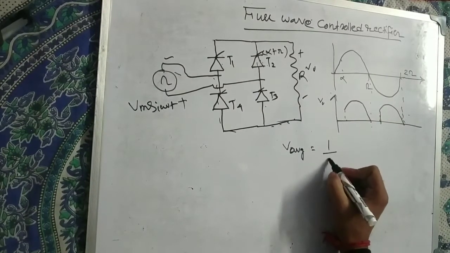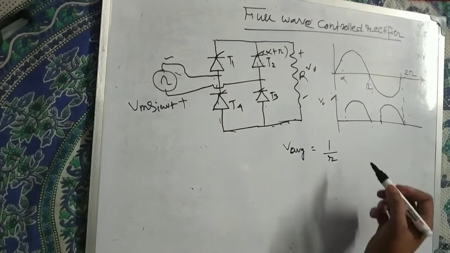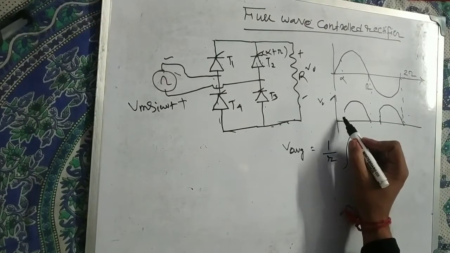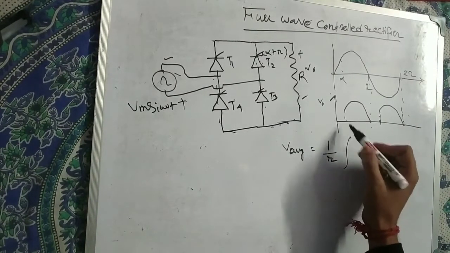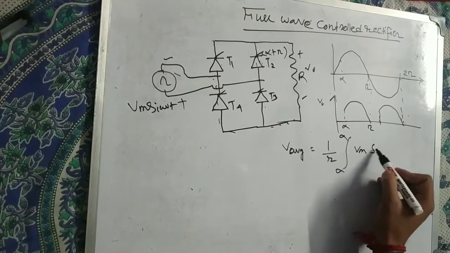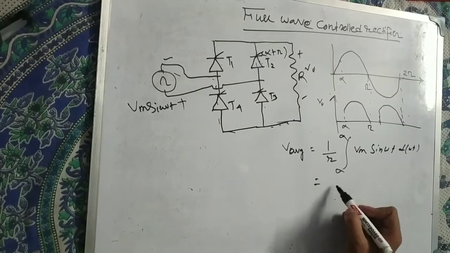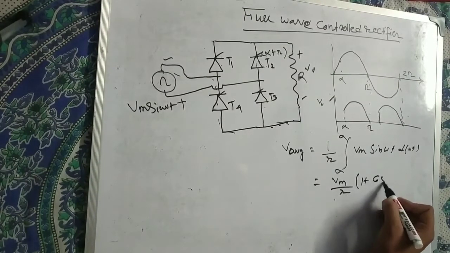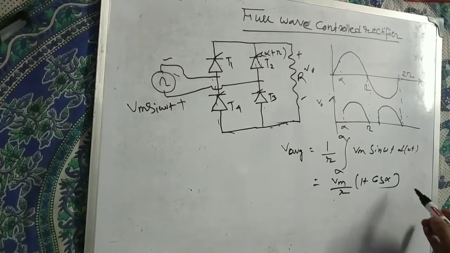So V average equals 1 by pi times the integral. From 0 to alpha there is no voltage across the output resistance, so it is meaningless to write it. We integrate from alpha to pi of Vm sin omega t d omega t. Integrating, we get Vm by pi times 1 plus cos alpha, when the load is purely resistive. You have to remember this.